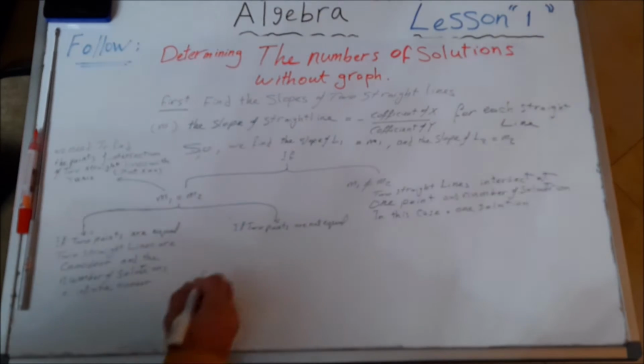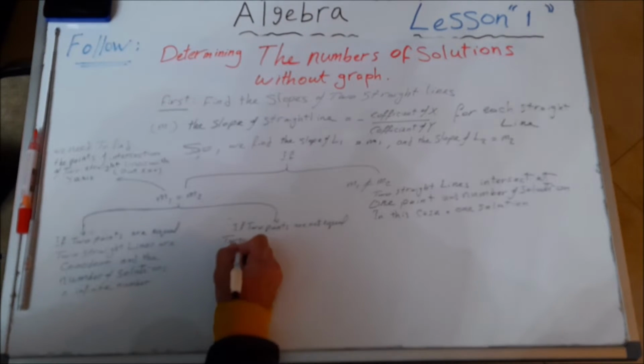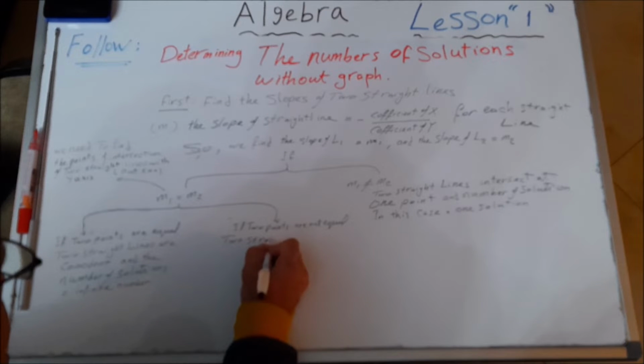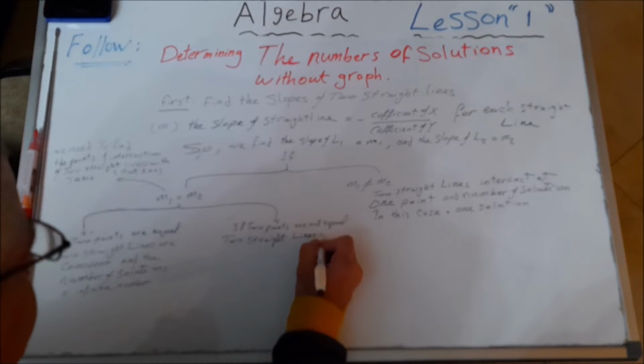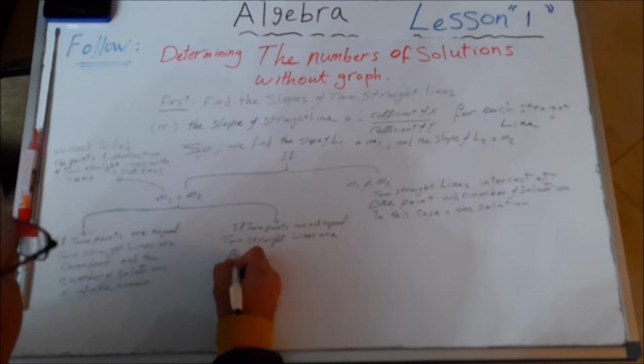In this case we can say that two straight lines are ايه بقى؟ ايوه parallel.